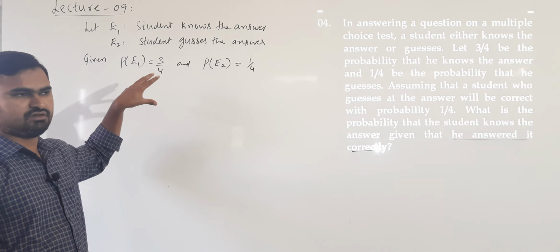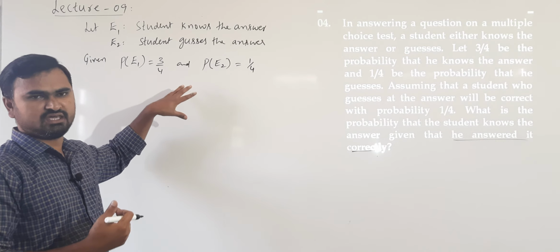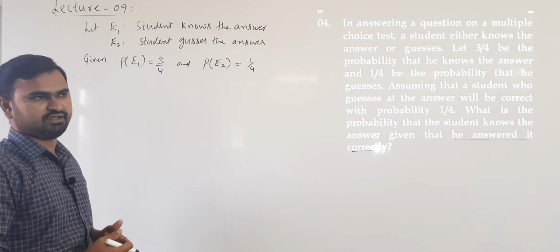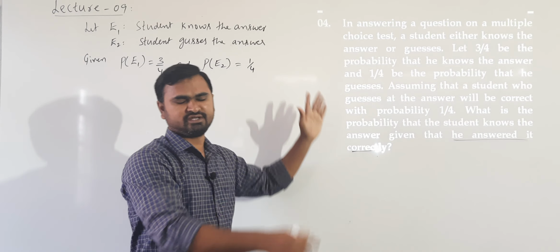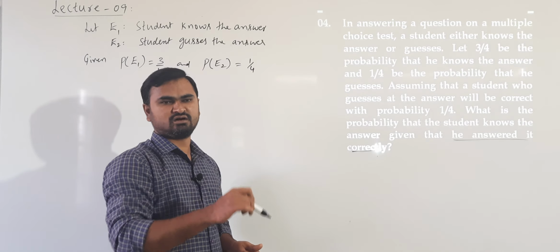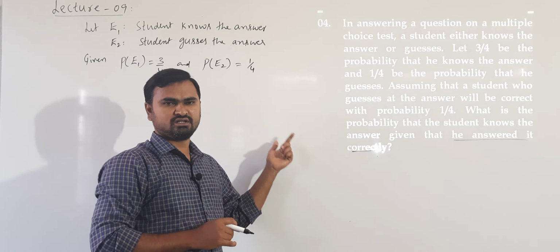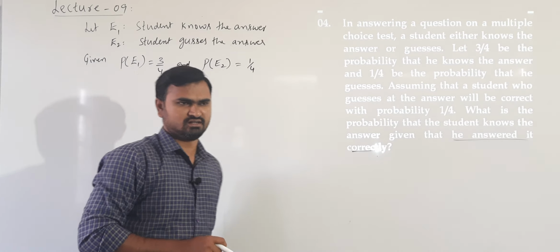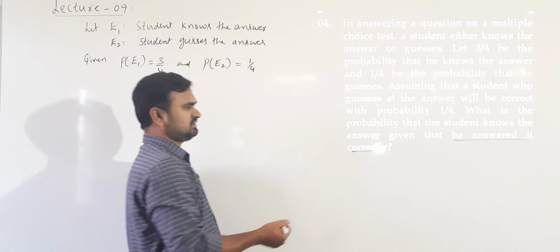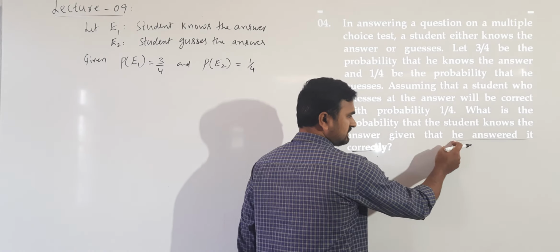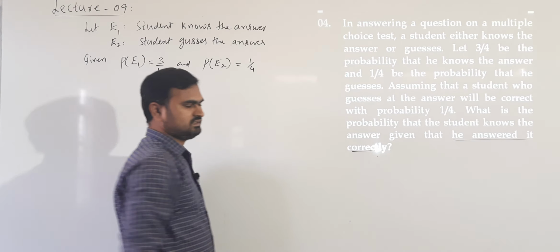We have to understand that the common event A, whichever we define, may have occurred in E1 or in E2. While defining Bayes theorem, we took the common event A, which may have occurred in E1 or E2, E3 up to En. So you have to understand what that common event is. What is the common event which has already occurred here? Answering correctly.